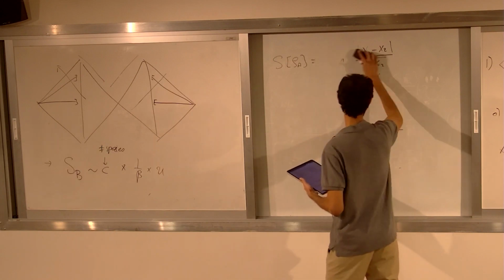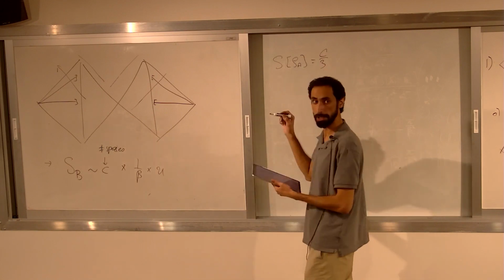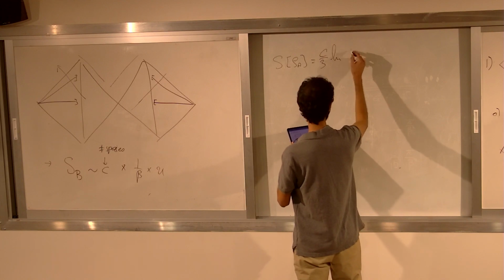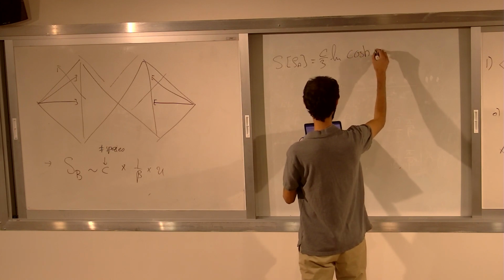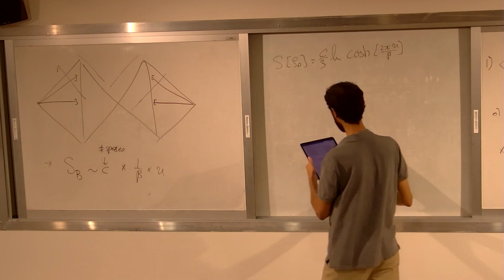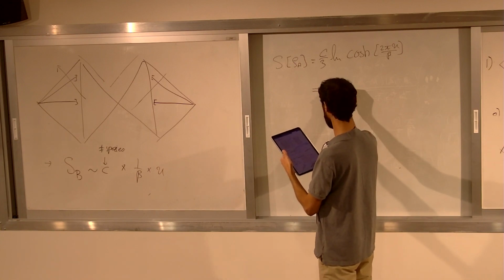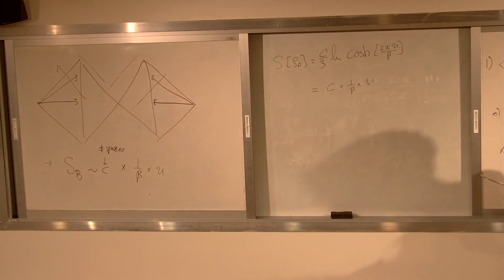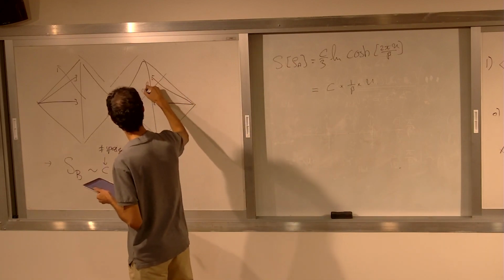Now, if we use this machinery, you get c over 3 log, ignoring unimportant factors, cosh of 2 pi u over beta. At late times, this goes as c times 1 over beta times u. I forgot what u was. Oh, u was time.